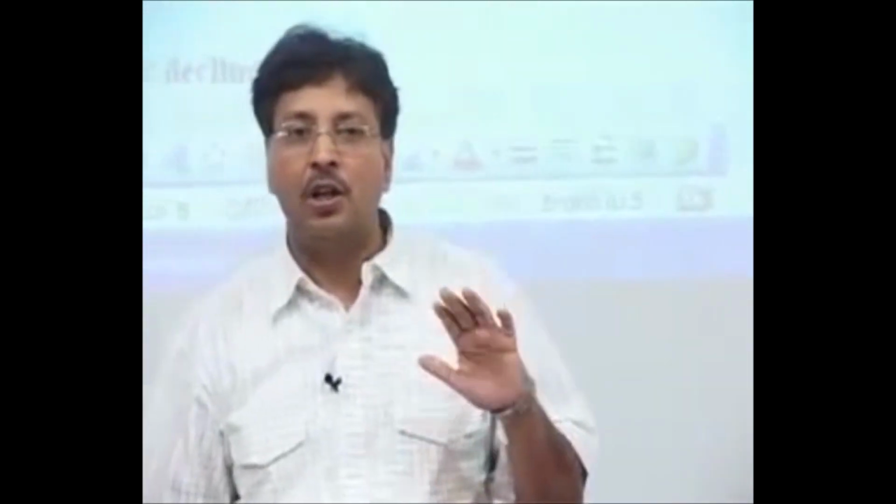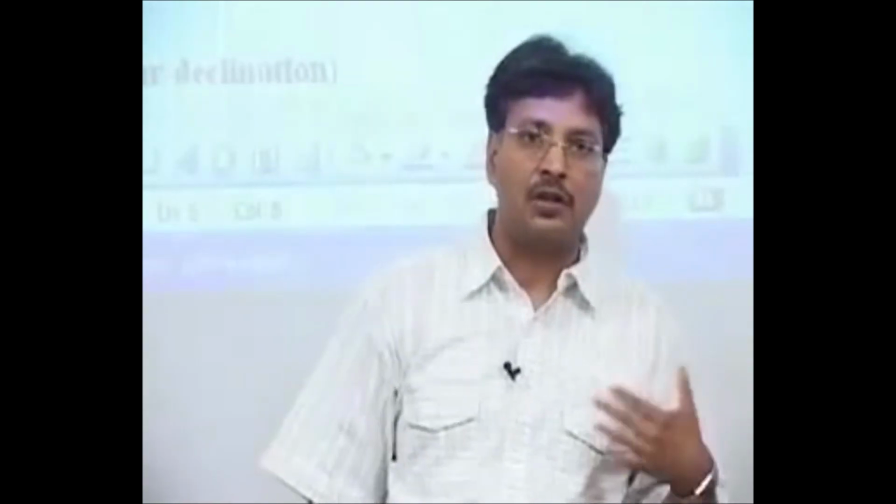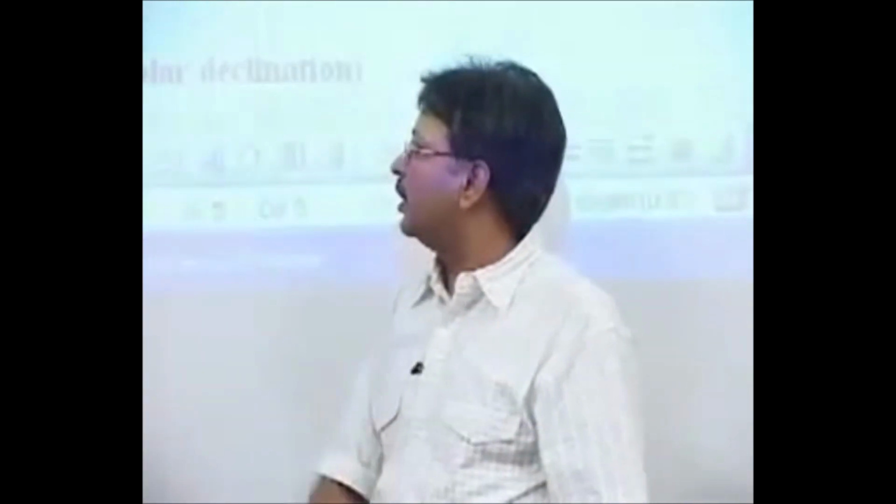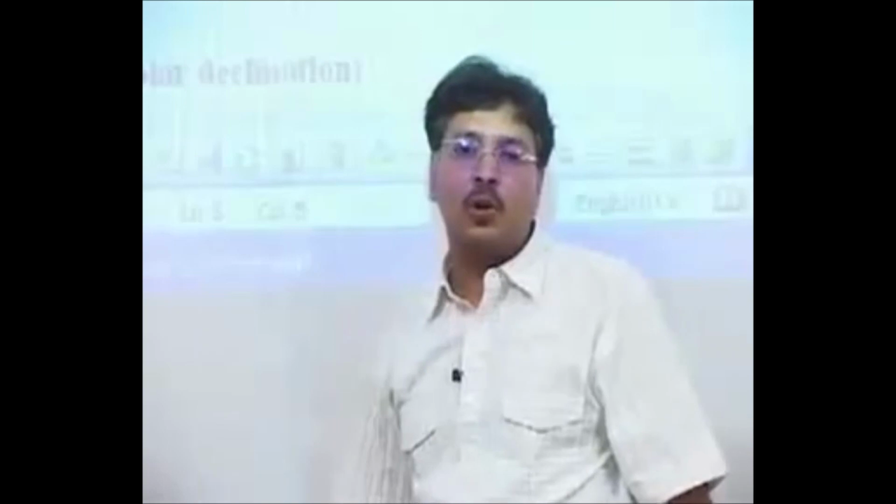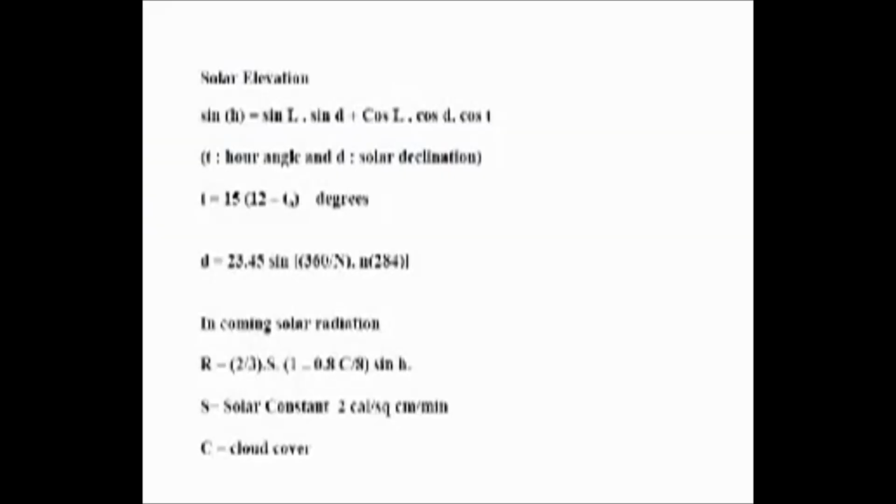L is the latitude of the place. Longitude we have already used, so now we are using the latitude. D is solar declination, which we defined earlier with all those pictures you saw, and T is nothing but the hour angle. So we have to define D and T.